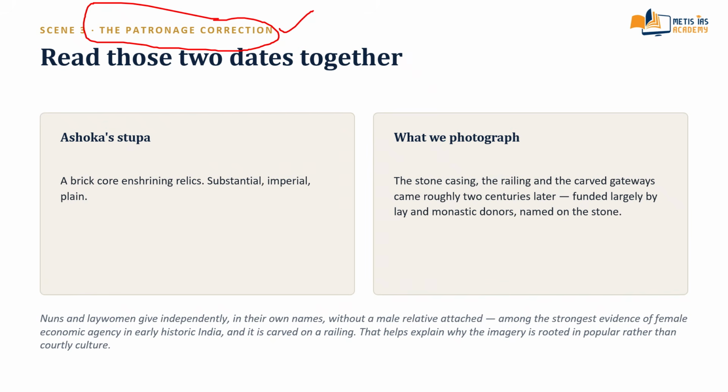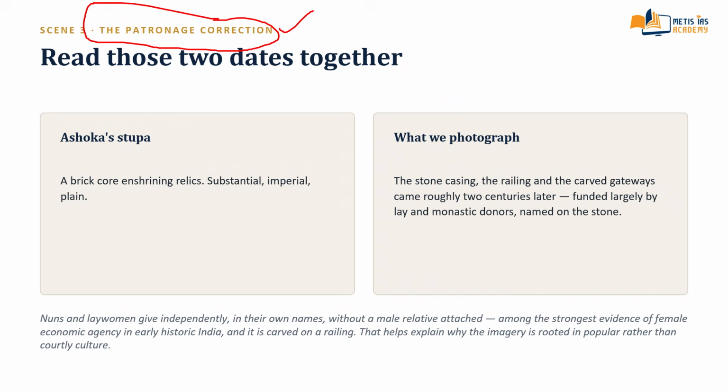So, and here is what makes it matter. The railings and gateways at Sanchi carry donor inscriptions, a very large number of them, recording who gave what. Read them, and the picture is not imperial at all. The donors are monks and nuns, giving individually and by name, merchants and householders, villages, whole guilds.